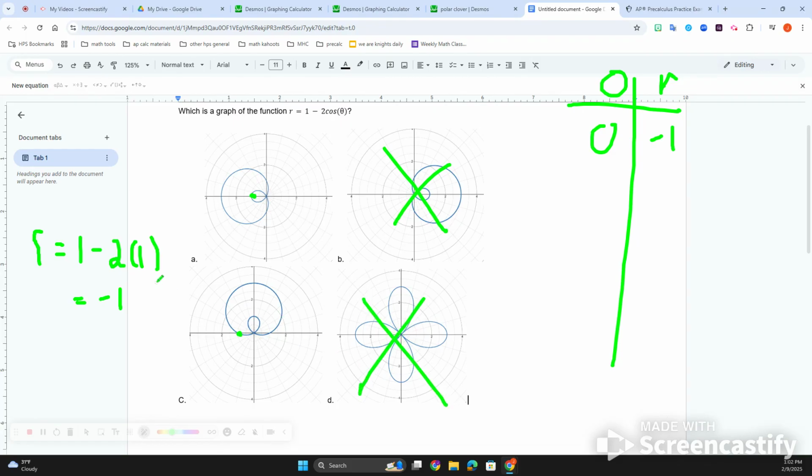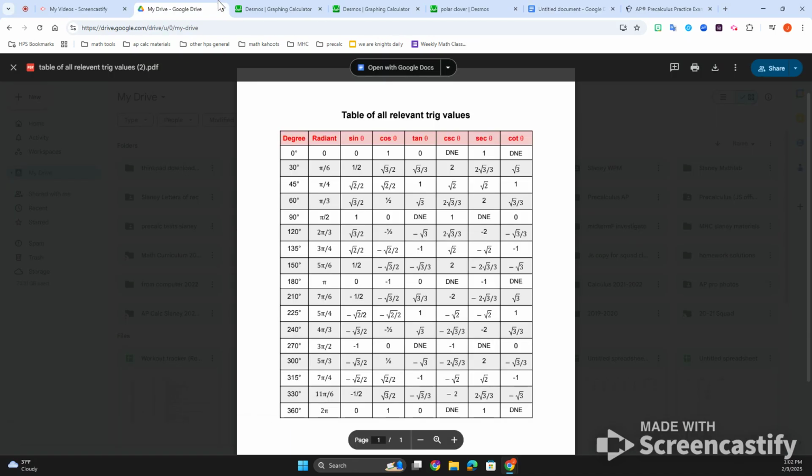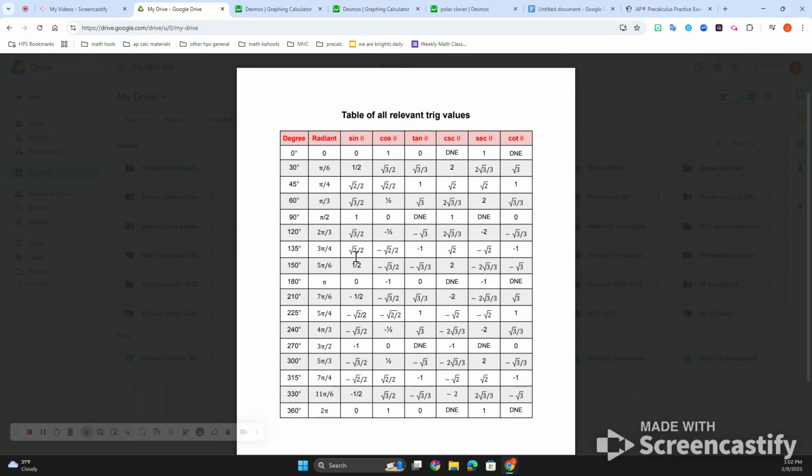Now, what's also easier relative to 0 degrees? Let's do pi over 2, because that's 90 degrees. So I need cosine of pi over 2, which is 0.